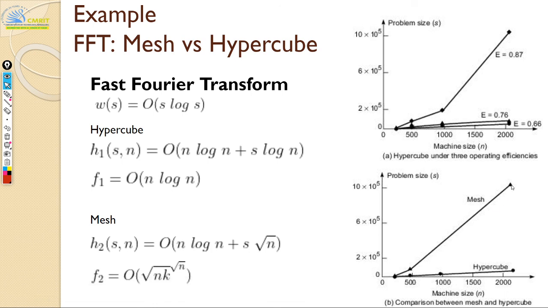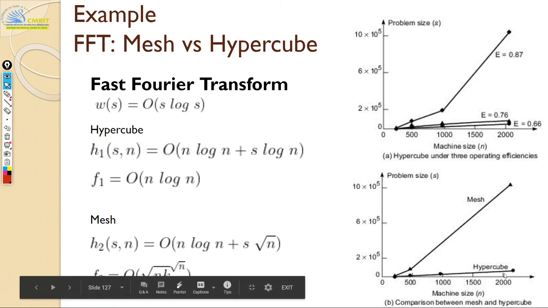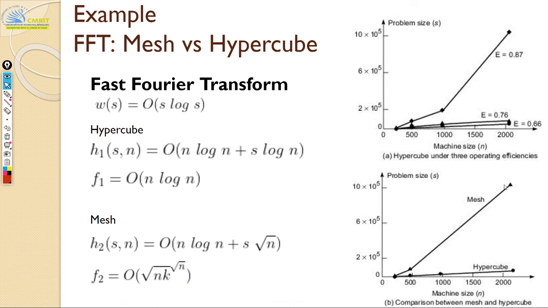This means that on a hypercube, your problem size is not going to scale much. However, on a mesh, your problem is just going to explode. So this says that hypercube is better suited for your fast Fourier transform than mesh. This is one place where you can use your ISO efficiency function.